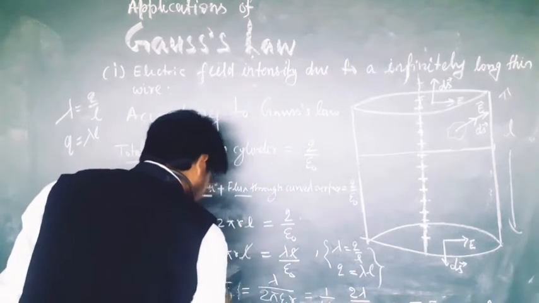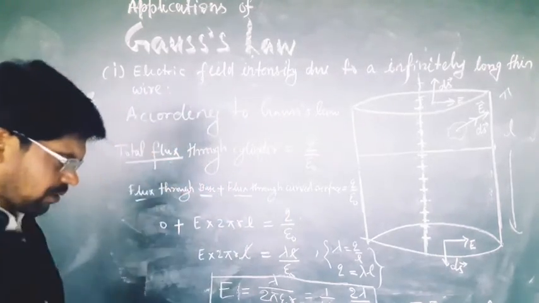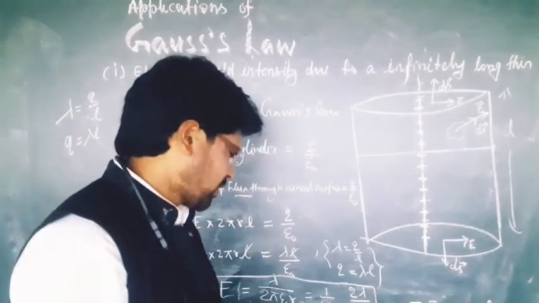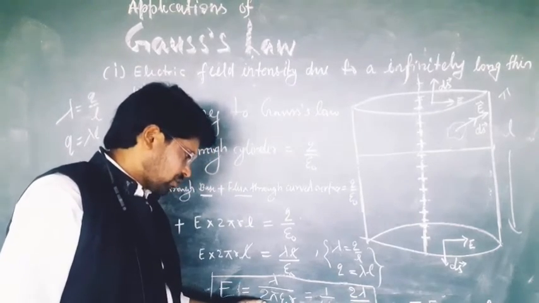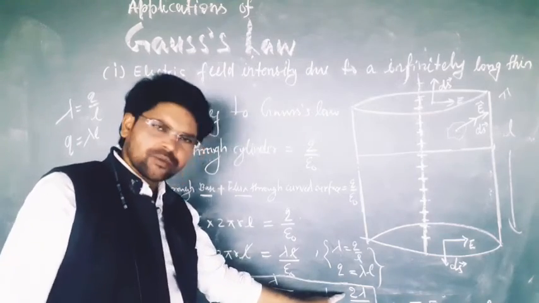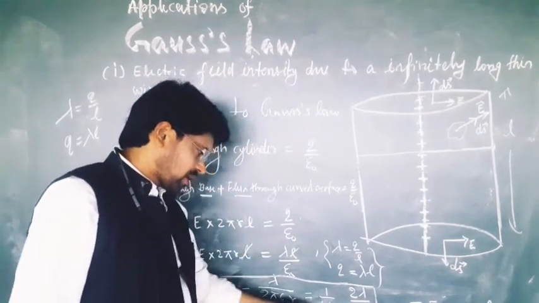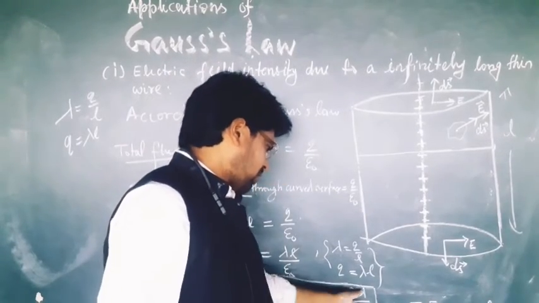Because if we have 2 pi epsilon naught, we multiply by 2, so 2 will be on the upper side and on the lower side it will become 4 pi epsilon naught.